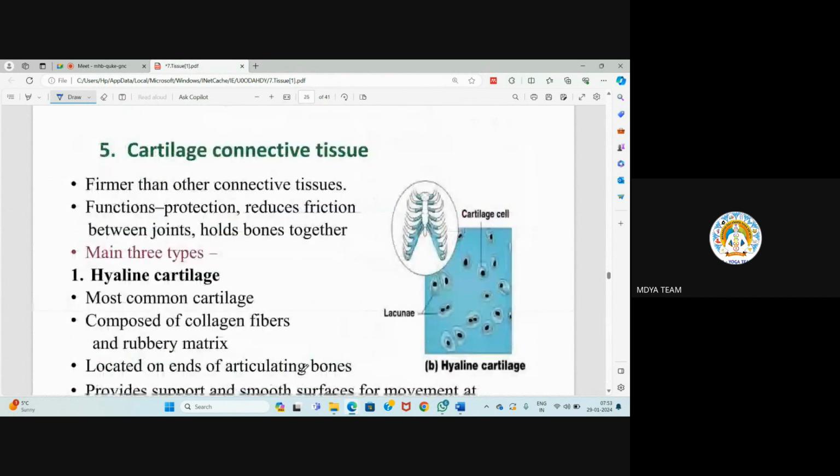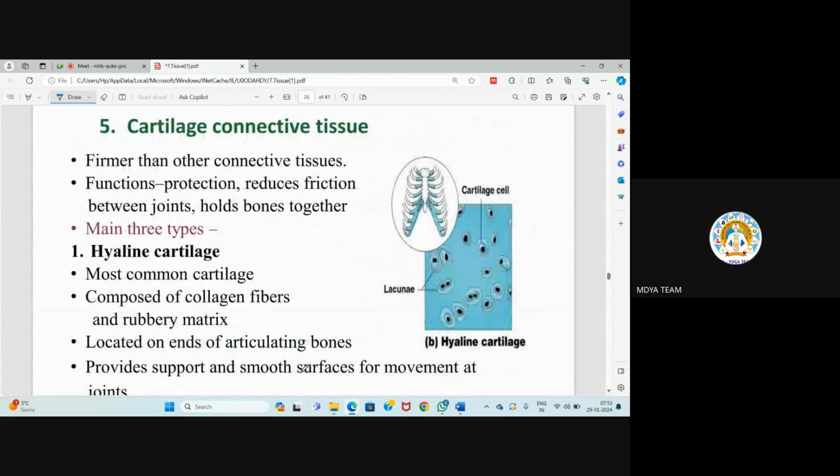Now, next is cartilage connective tissue. Cartilage connective tissue is firmer than other connective tissues. Functions are protection, reduces friction between joints, holds bones together, and mainly three types.